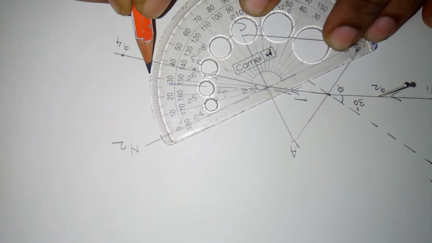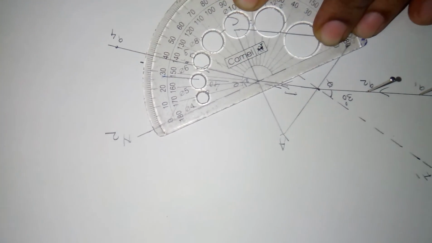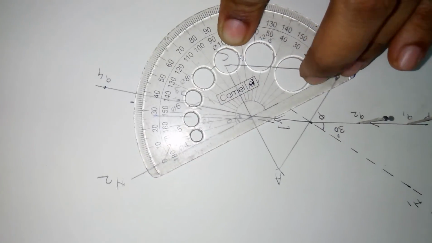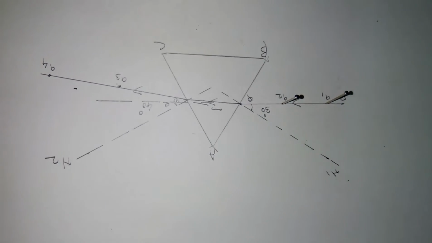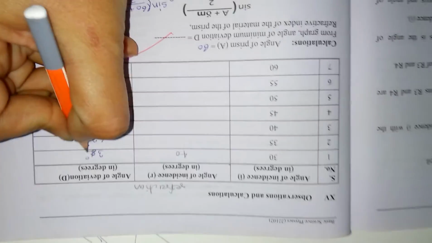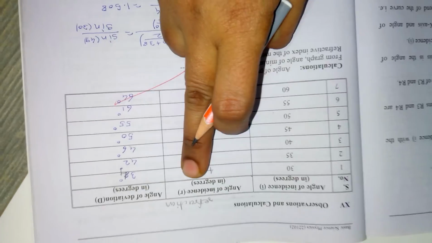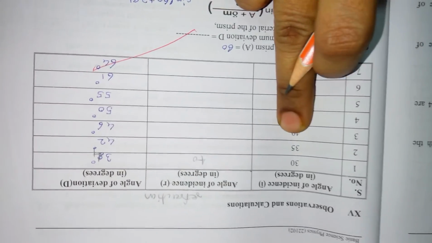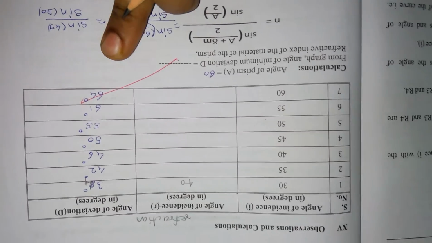Here this is the angle, and it is equal to 34 degree, and therefore we write that value as 34 degree. This is the angle of deviation, and as we change the angle of incidence, it is observed that angle of refraction also changes, and for different angle of incidence, angle of deviation also changes.